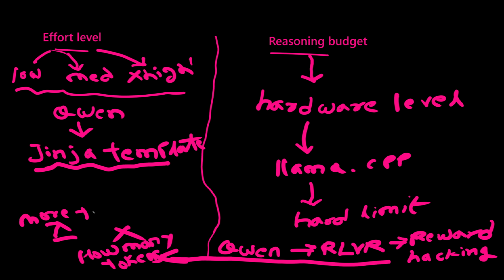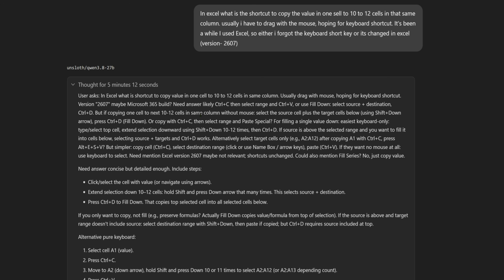For example, when I asked for a simple Excel shortcut to drag a formula, it spent 4,000 freaking tokens debating whether to use Control plus D versus copy pasting several times, even though Control plus D was the correct answer right away. It's not like the Llama CPP team deliberately wants to complicate things, right? I mean, they literally had to add this flag to curb that overthinking.